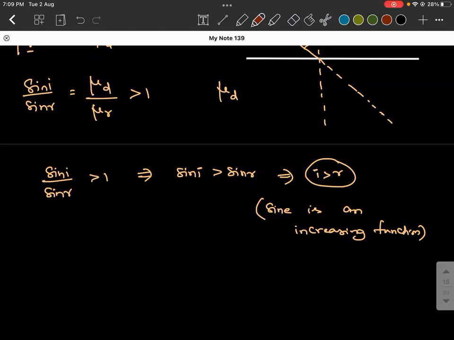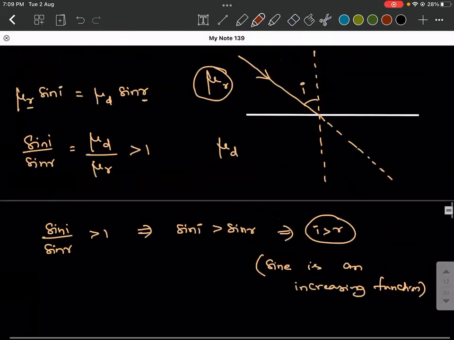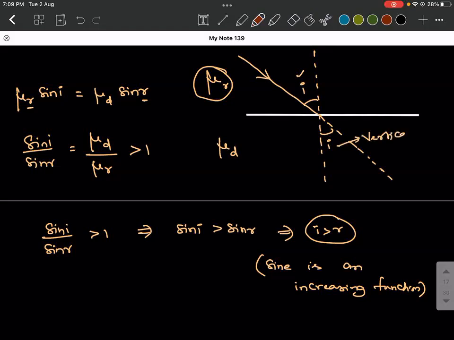So having said this, we can say if i is greater than r, let's say if this angle is i, this angle is also i, which is a vertically opposite angle.